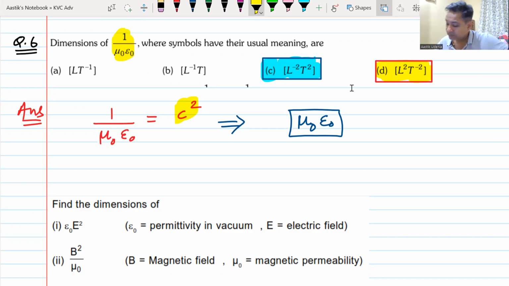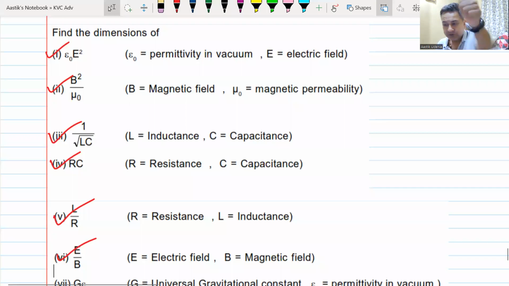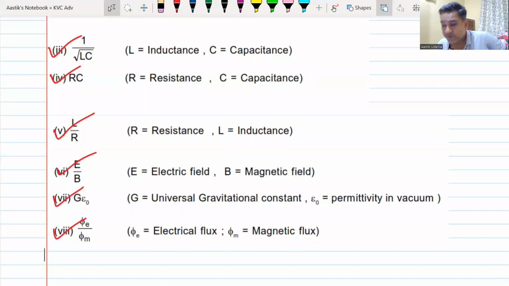R into C, L by R, E by B. You will have to remember their dimensions and write them in a place. All these things that I am showing you right now must be in your notebooks, because a question will come which will use any of these.